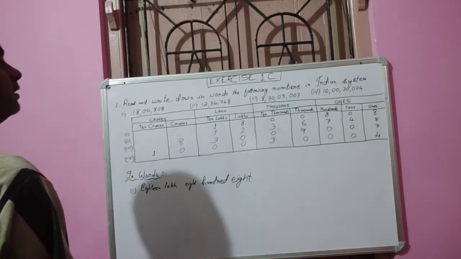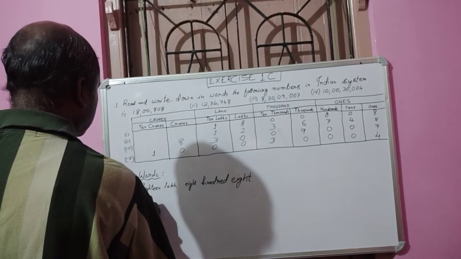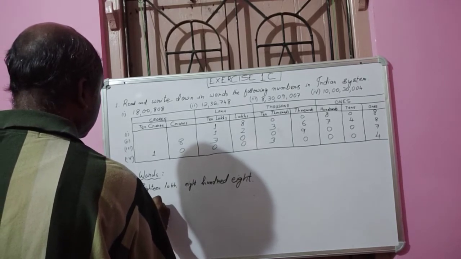Next number, in the lakhs group we have 12. So 12 lakh.